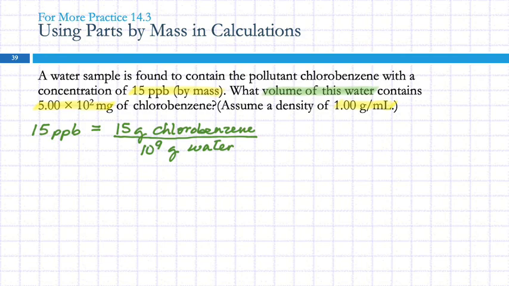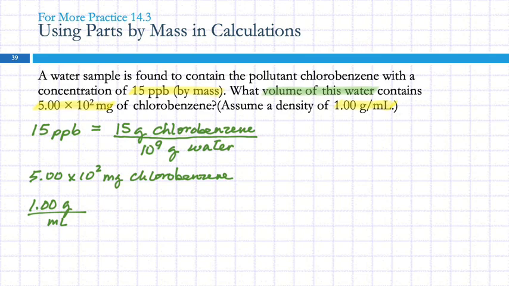And then I have another number, 5 times 10 to the 2 milligrams of chlorobenzene. And there's nothing fancy about that unit, it's just a mass. And then I have 1.00 grams per milliliter.